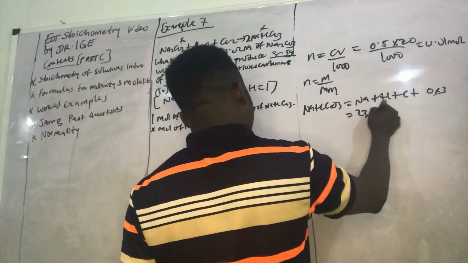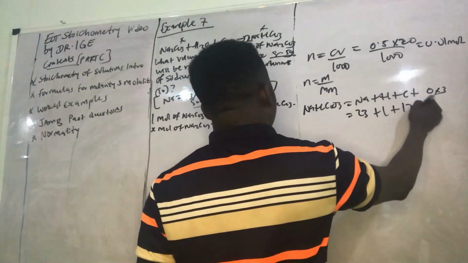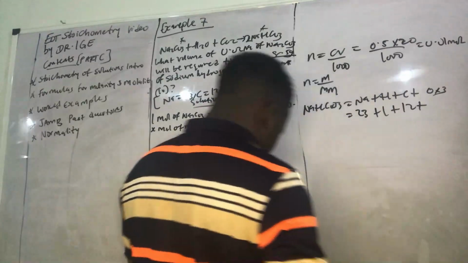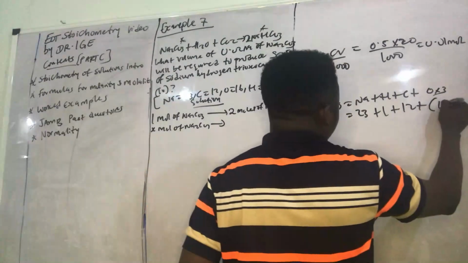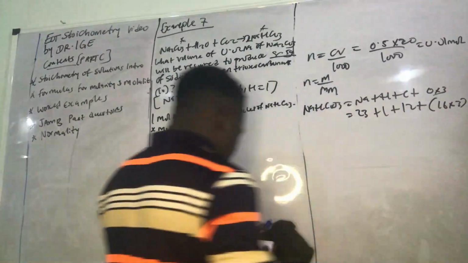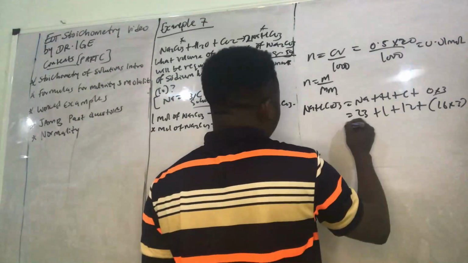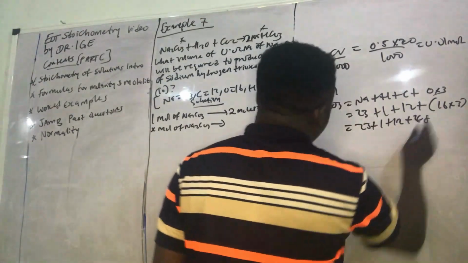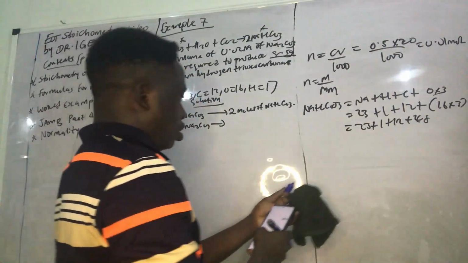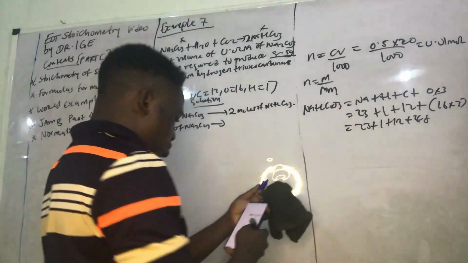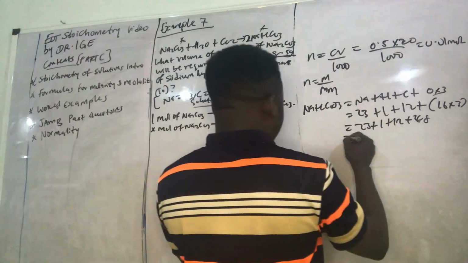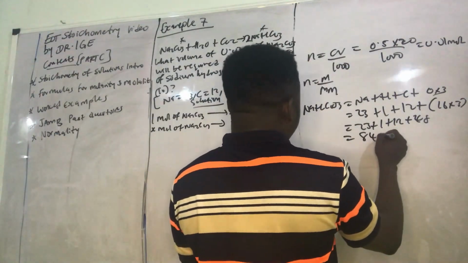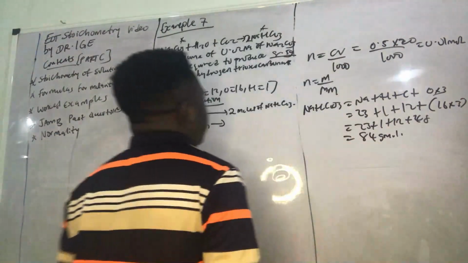Then it's 23 plus 1 plus 12 plus 16 times 3, right? 16 times 3 is 48. So we have 23 plus 1 plus 12 plus 48. If I do that math for you, we have 84 grams per mole. So the molar mass of this guy is 84 grams per mole.